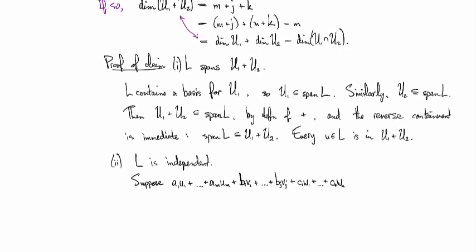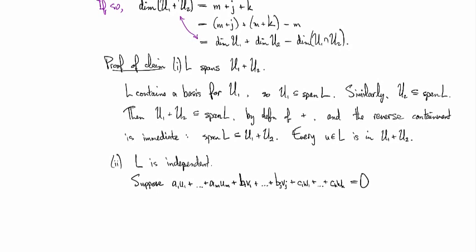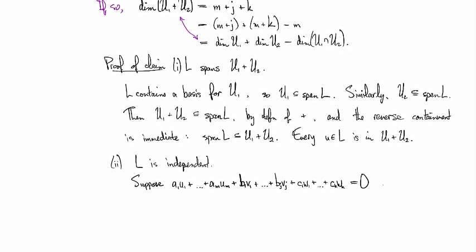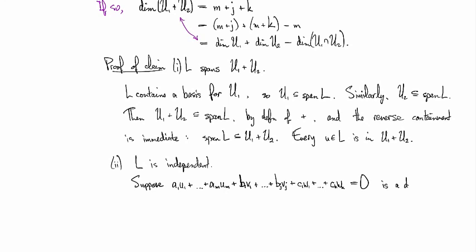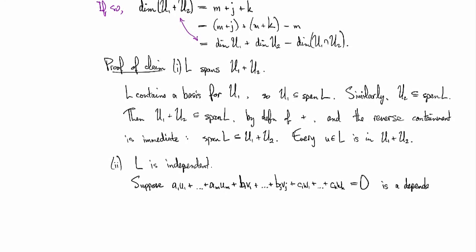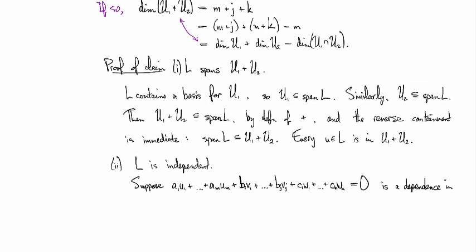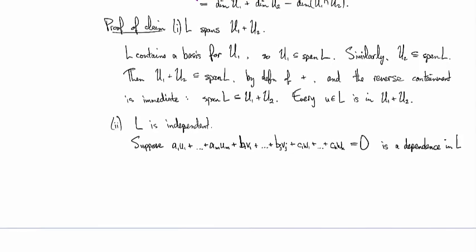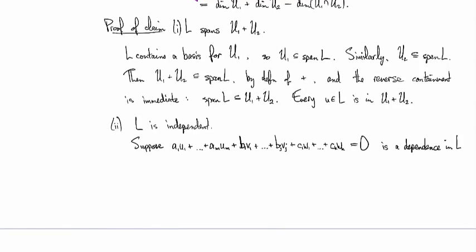Okay, so we've got all of this stuff, a linear combination of all these guys adding up to 0. So that's a dependence relation.